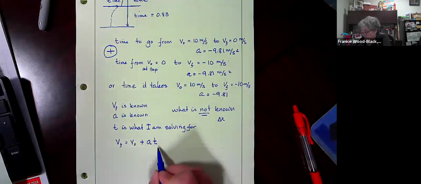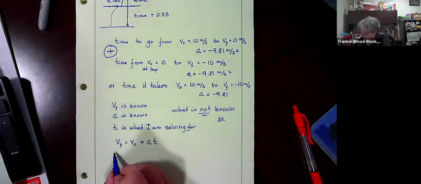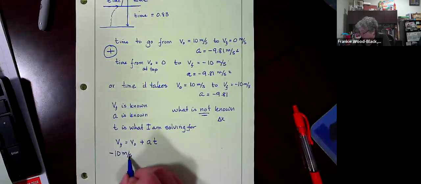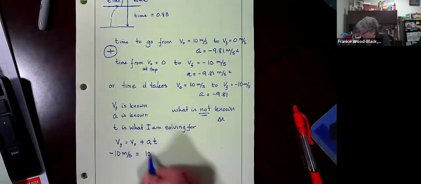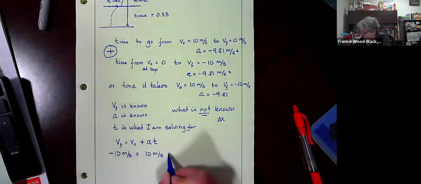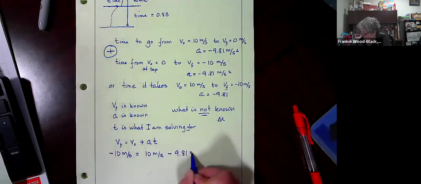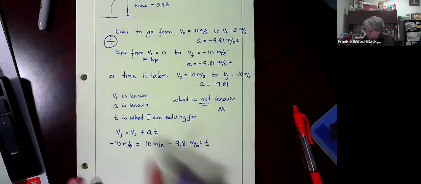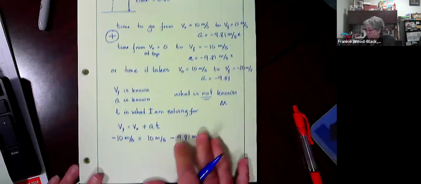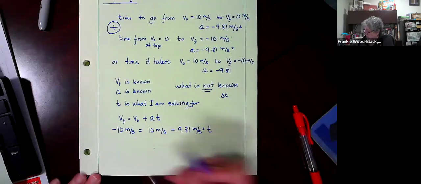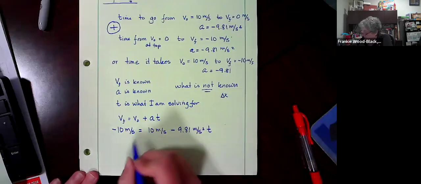So my V final is minus 10 meters per second. My V initial is 10 meters per second. And my gravity is minus 9.81 meters per second squared, and that times time. I could do it that way, but I can also do it with my variables beforehand so I can punch it into the calculator easier.